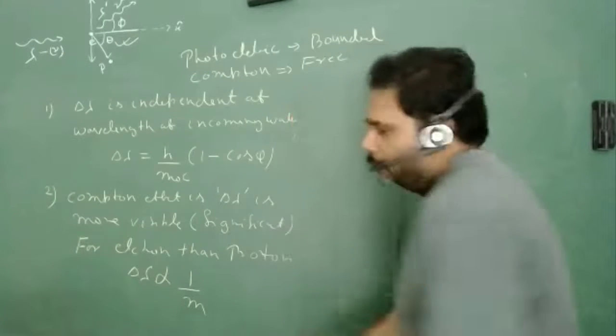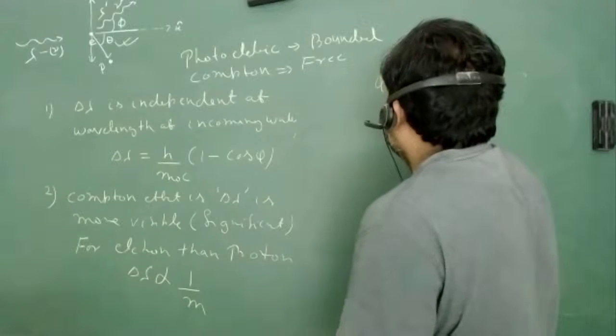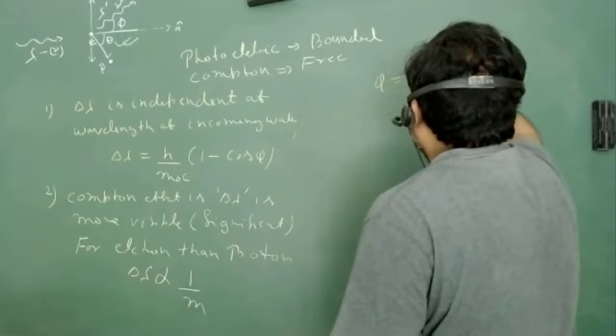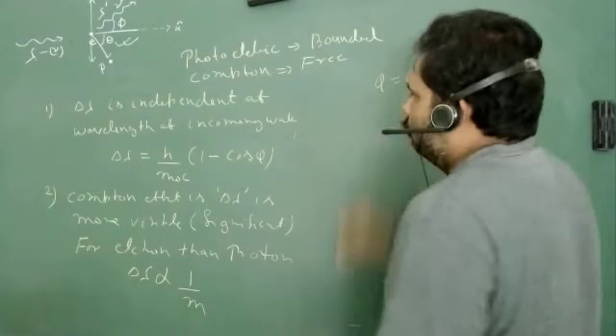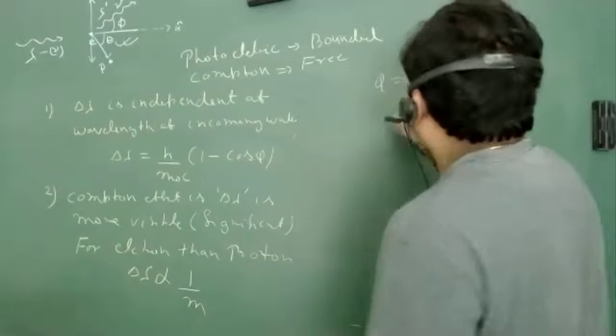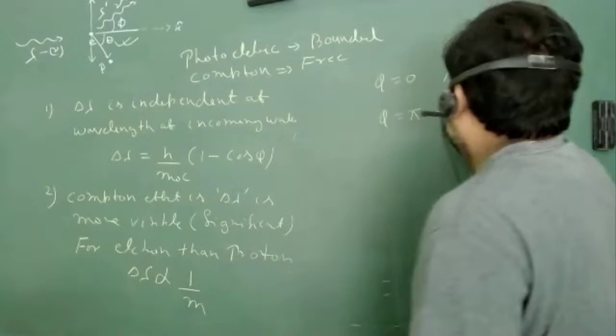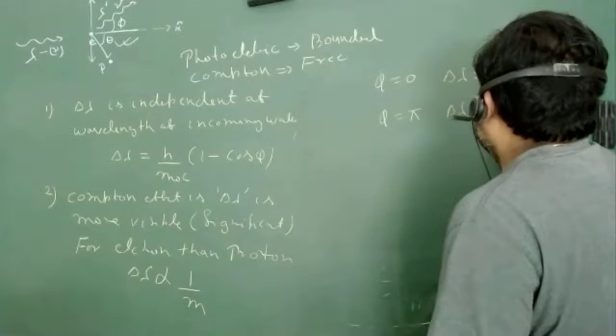For phi equal to 0, delta lambda is equal to 0, which is the minimum value, and for phi equal to pi, delta lambda is maximum.